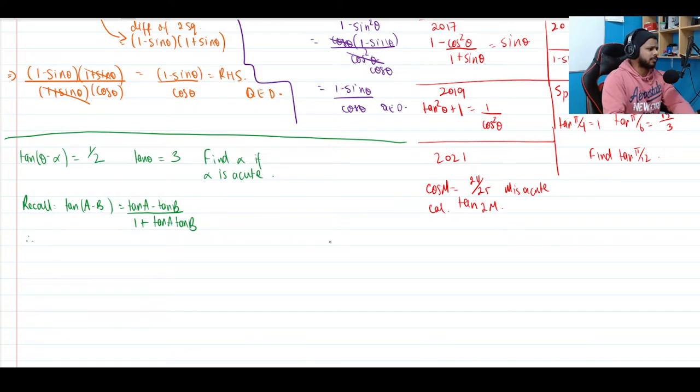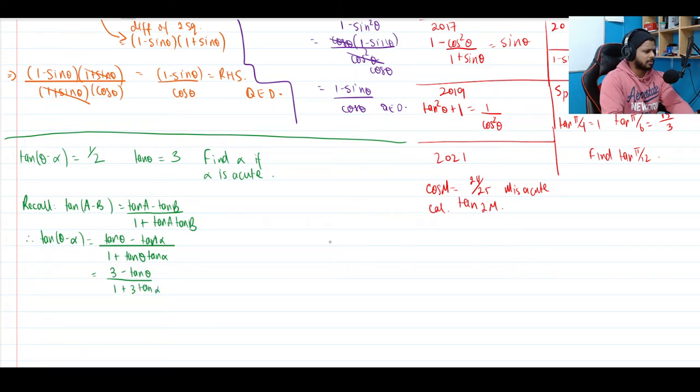So therefore, tan of theta minus alpha will be tan theta minus tan alpha all over 1 plus tan theta tan alpha. Now remember, tan theta is 3. So I have 3 minus tan alpha over 1 plus 3 tan alpha.